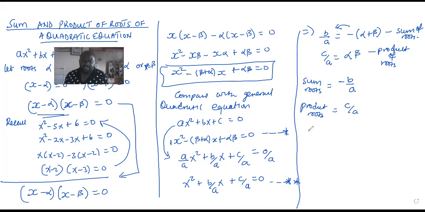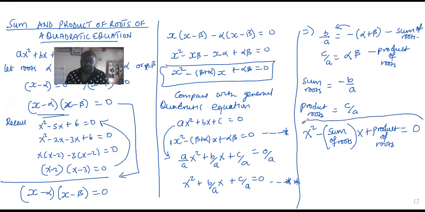The expression we have derived says x squared minus the sum of the roots times x plus the product of the roots is always equal to 0. So this is the general expression of quadratic equations that we have seen.